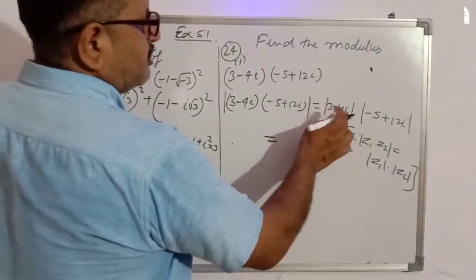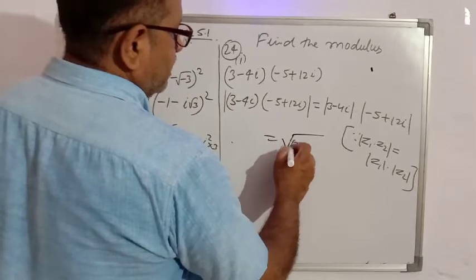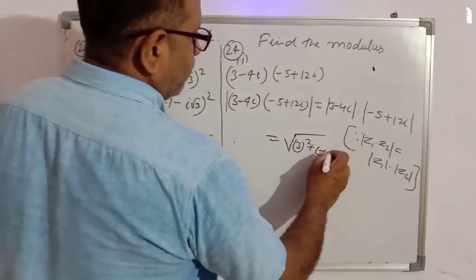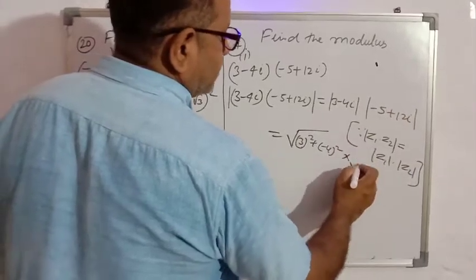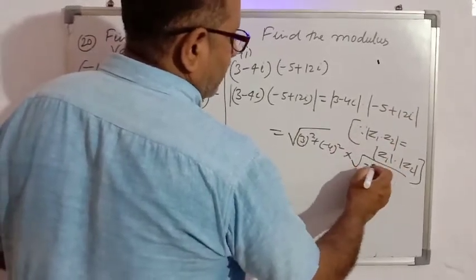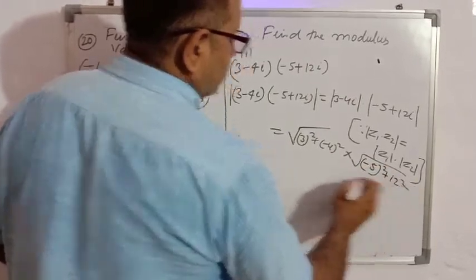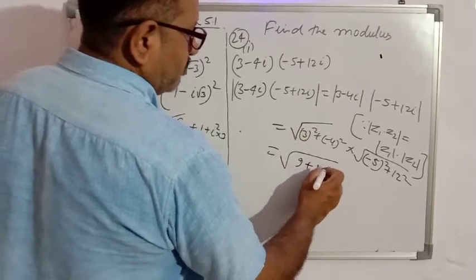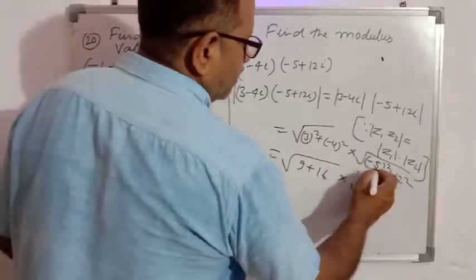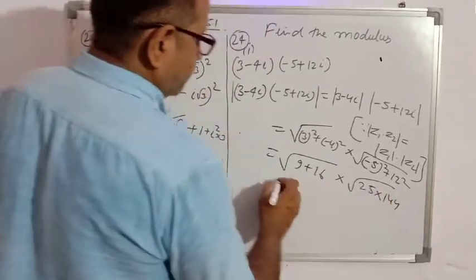So what will be the mod of the first one? Under root 3 square plus minus 4 square, into second, under root minus 5 whole square plus 12 square. 3 square is 9, minus 4 whole square is 16, minus 5 whole square is 25, and 144.